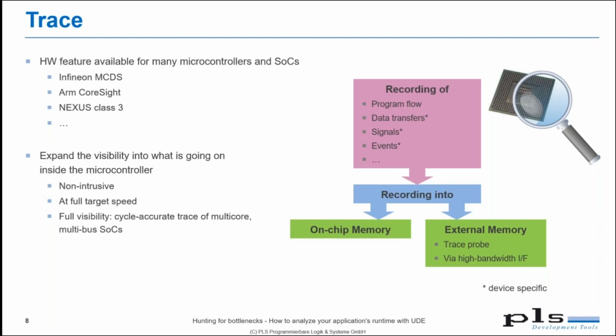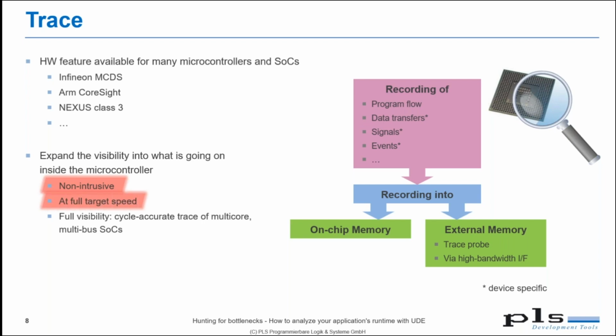This trace stream can either be stored in an on-chip trace memory, then we call it on-chip trace, if the device has one, or you can directly transfer the trace stream to the debug probe or the trace probe via a trace interface, then we call it off-chip trace.